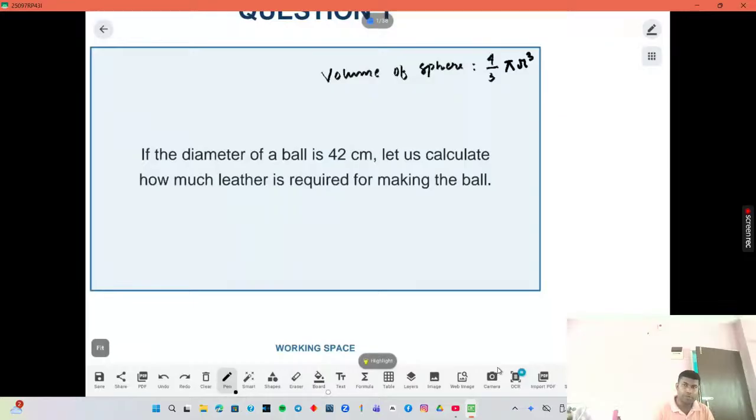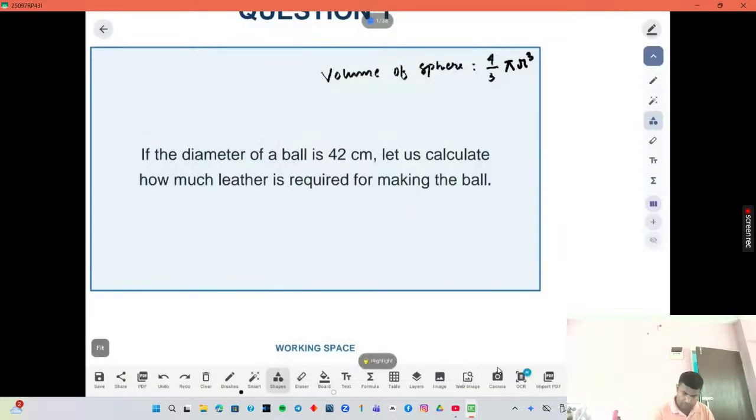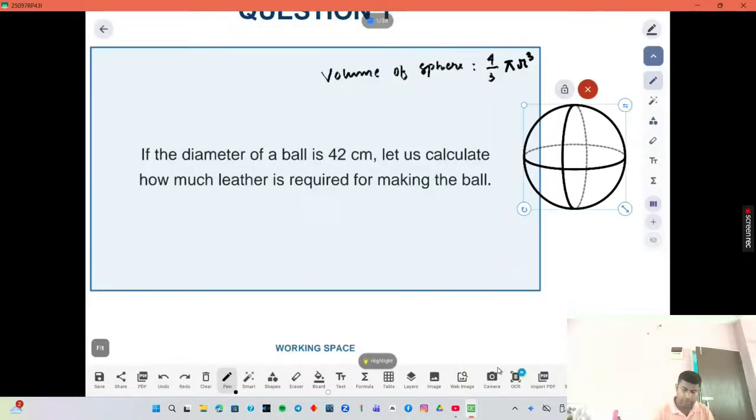Do you know how to make a diagram of a sphere? Can you see the diagram of a sphere?